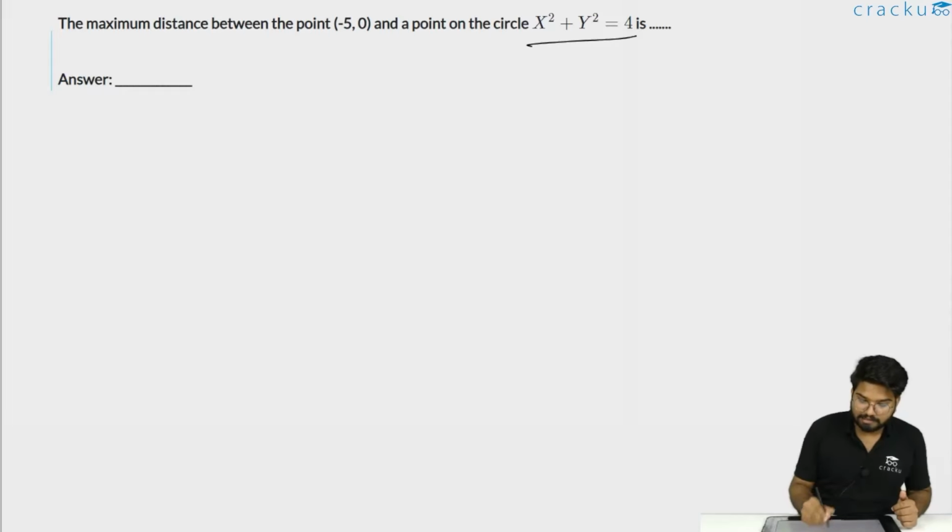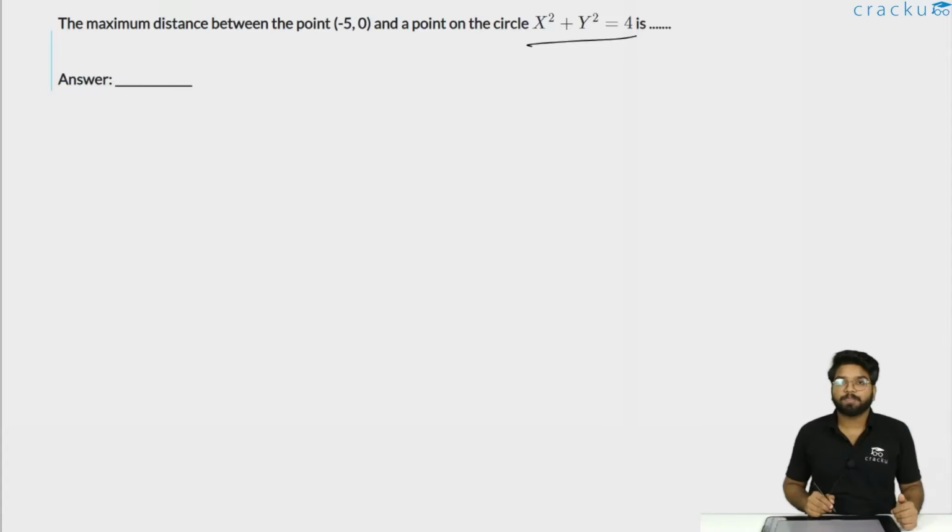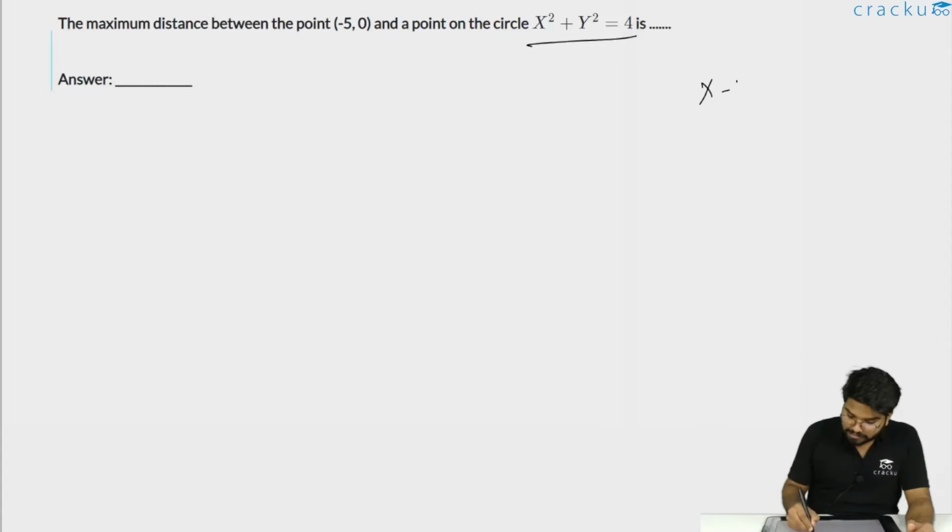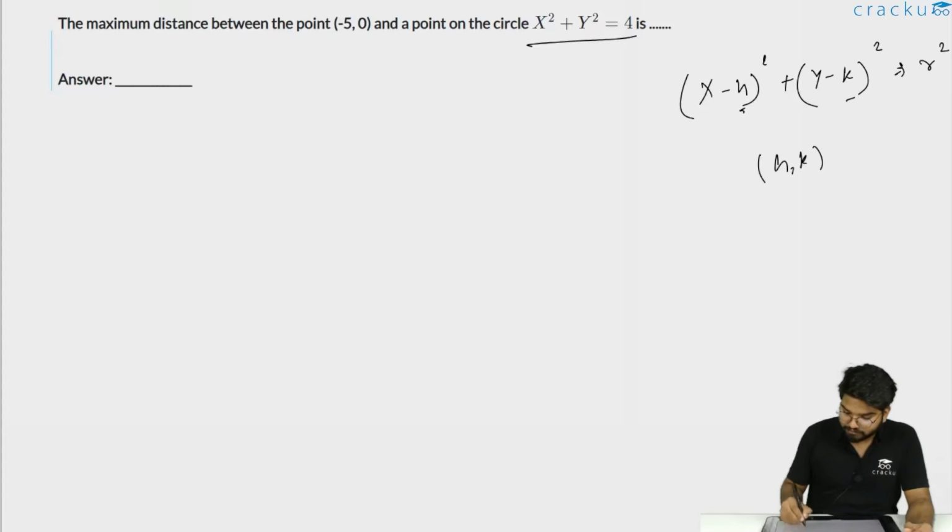Now understand that this is an equation of a circle. What is the proper equation of a circle? That is (x minus h) squared plus (y minus k) squared is equal to r squared. Now here h and k refer to the coordinates of the center, and here r refers to the radius of the circle.